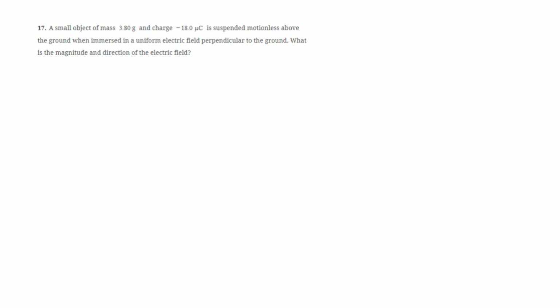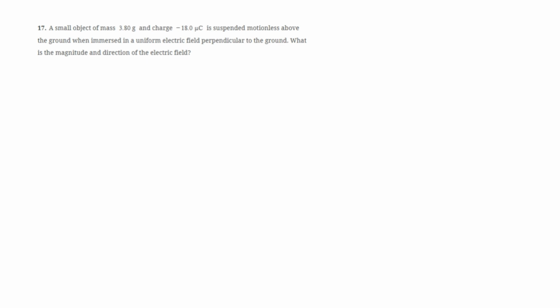This object is suspended motionless above the ground when it's immersed in a uniform electric field perpendicular to the ground. So what is the magnitude and direction of this electric field? This is a super interesting exercise. It's very easy, but it's interesting.